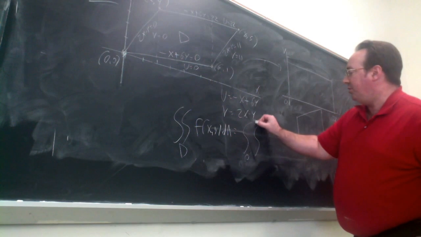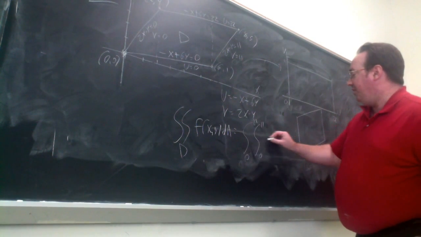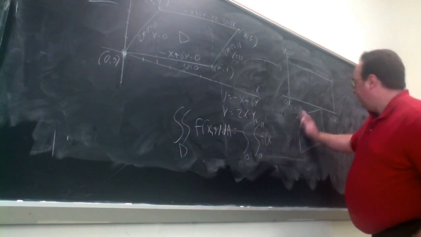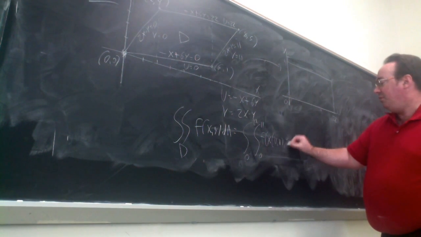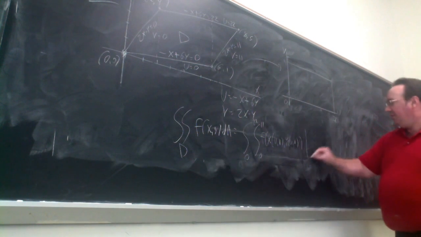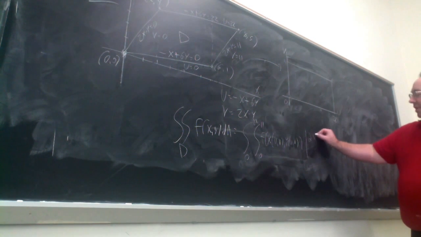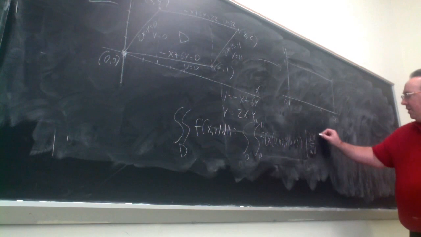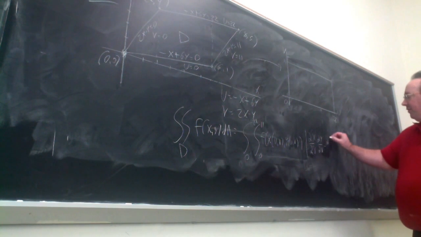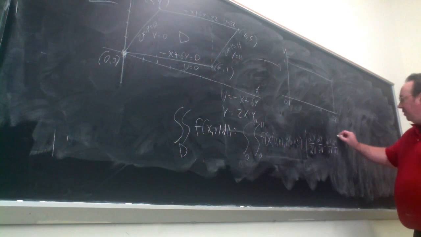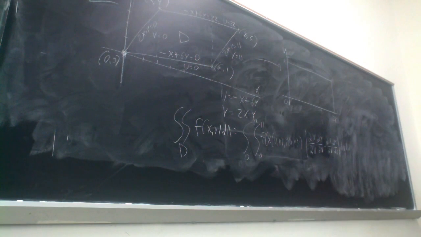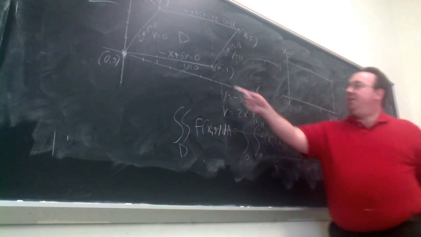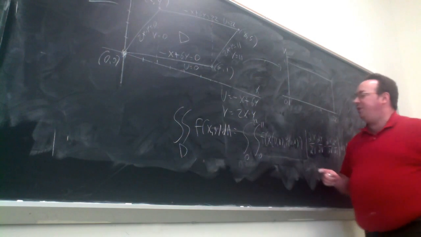So we have 0 to 22 in U, 0 to 11 in V. And then we write this as f of x of uv, y of uv, times our Jacobian, dx du, dy dv minus dx dv, dy du, dv du.